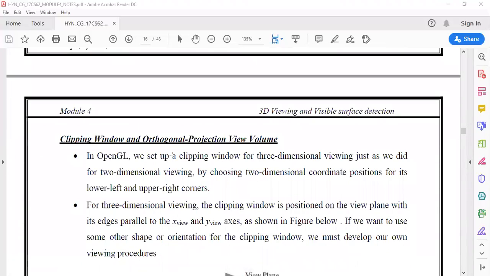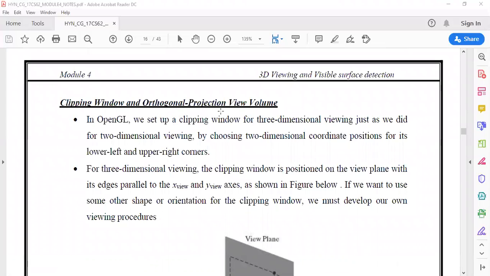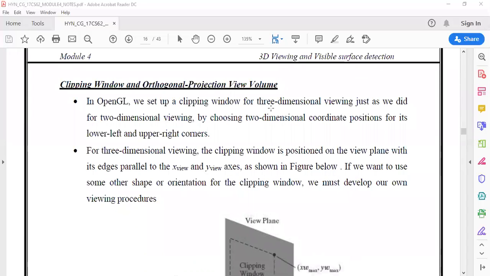So let us move on to the clipping window and the orthogonal projection view volume. We have already seen the concept of 2D clipping. Clipping is nothing but selecting the particular part of the object which we want to display on the display screen.